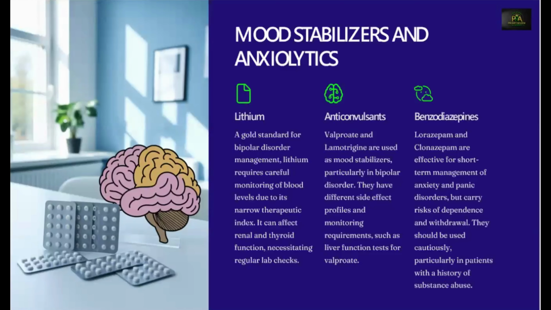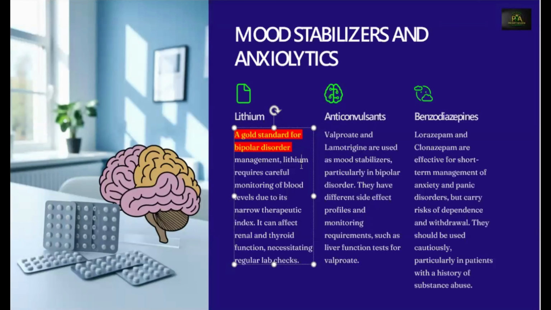Then we have our mood stabilizers. This is one we must know: lithium. Lithium is the gold standard. Whenever you are talking about mood stabilizers, when somebody has bipolar, the patient is under two poles, the manic pole and the depressive pole. When they are in the manic pole, lithium is very important. Lithium is the gold standard for bipolar.